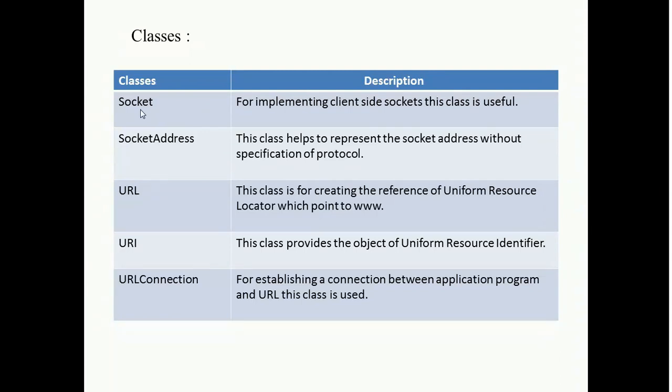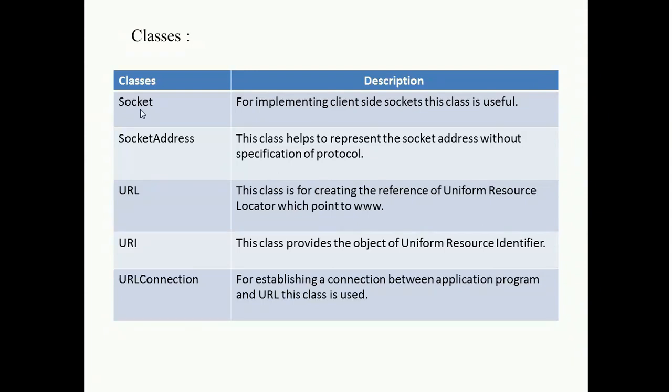SocketAddress class. This class helps to represent the socket address without the specification of the protocol. URL class. This class is used for creating a reference of the Uniform Resource Locator, that is nothing but the URL which points to the www. URI, Uniform Resource Identifier.